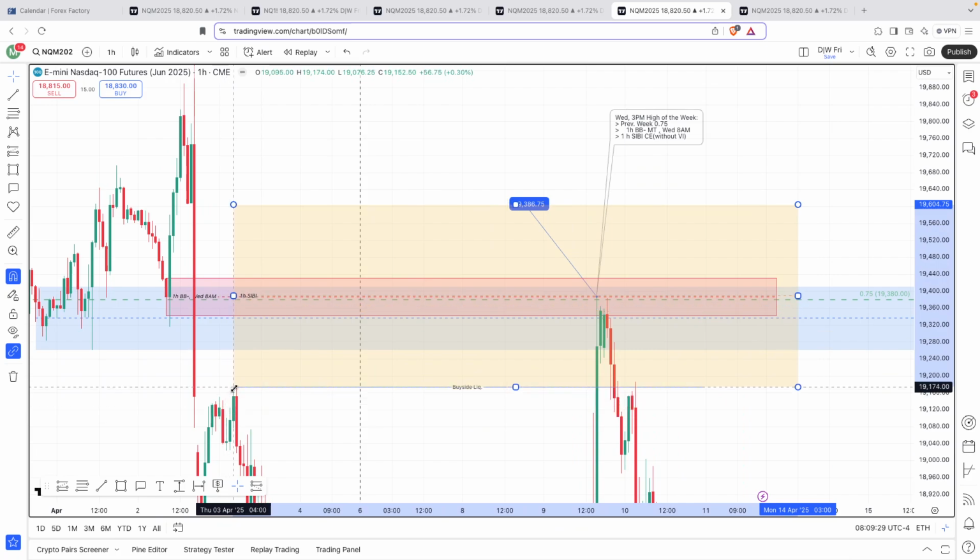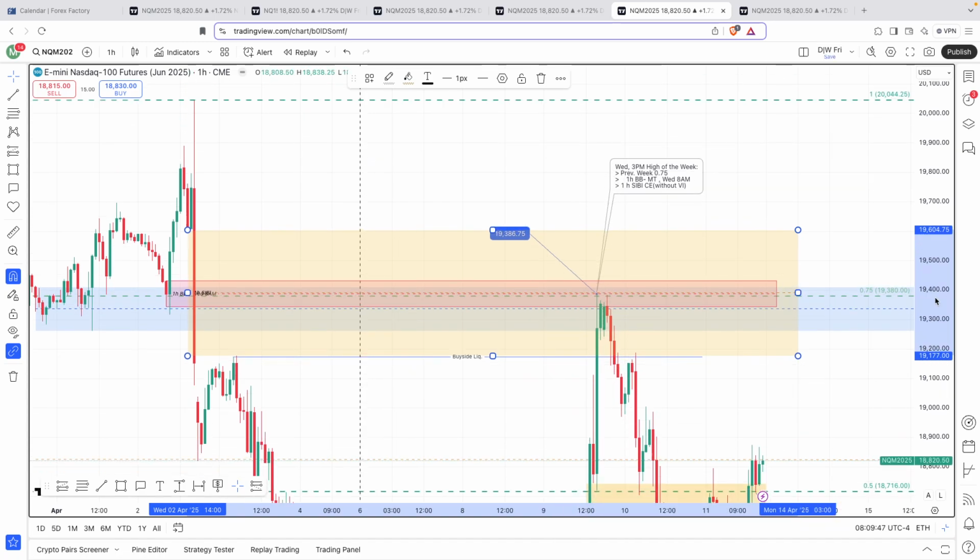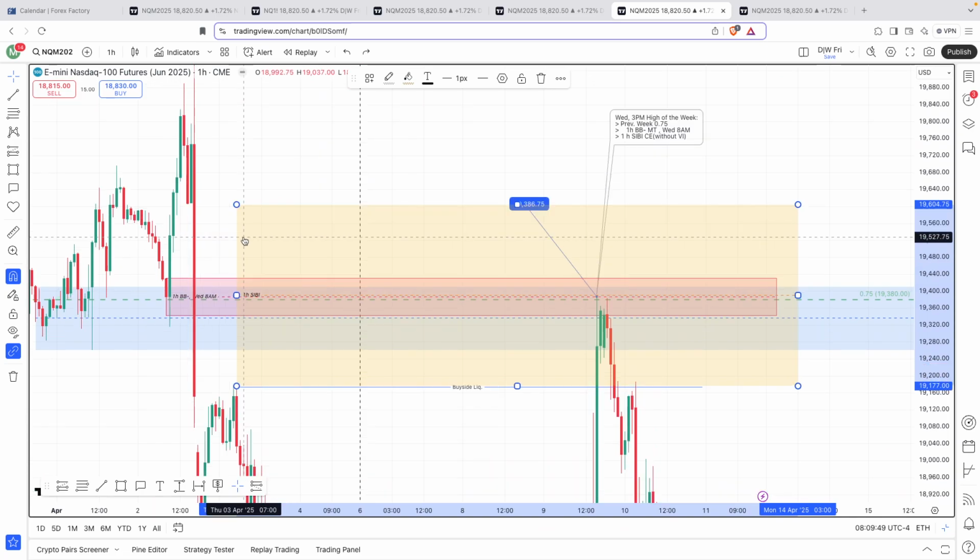So there are two ways to do it. I usually prefer to do it with the volume imbalance, but you can also do without it. If we do without it, this is the high, this is the low. So this makes the CB without the volume imbalance, and we see the consequent encroachment level. So 3 levels of confluence for this trade.